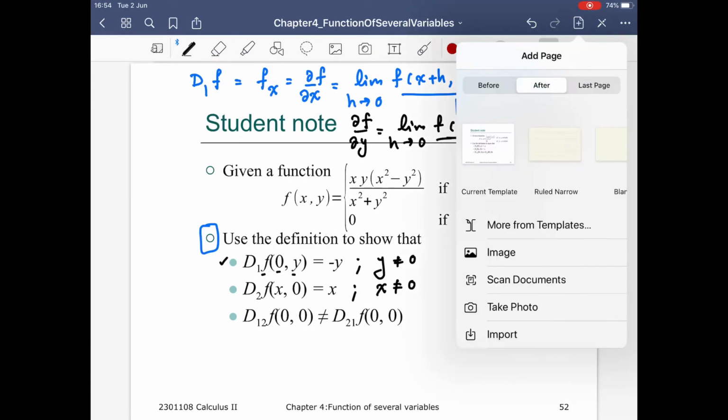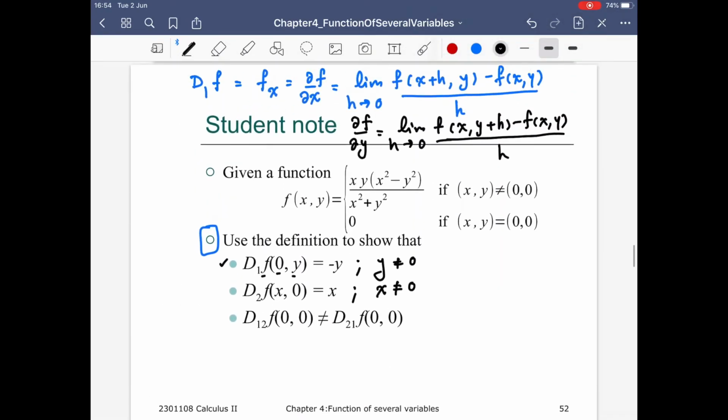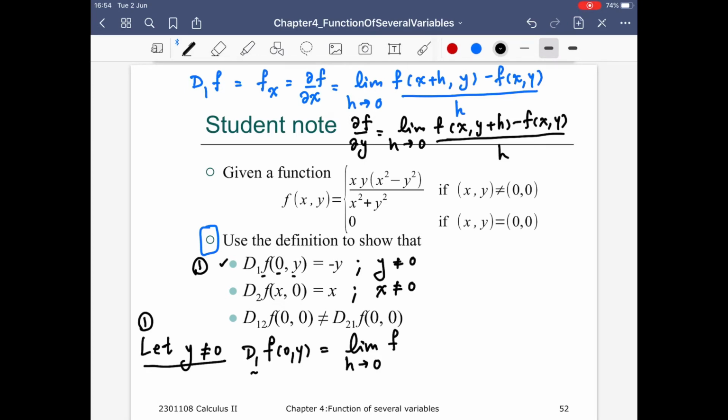Let me add one more page here. So your d1, I mean we let your y is not 0 first, and then let's look at the first problem, the d1 of f at 0, y. So it is the one that your x change, right? So you are going to find the limit as h goes to 0.